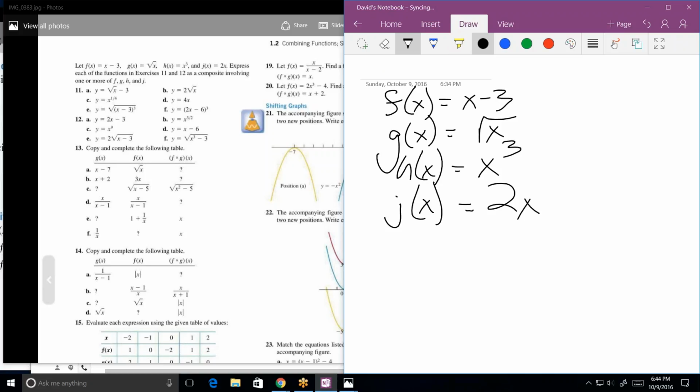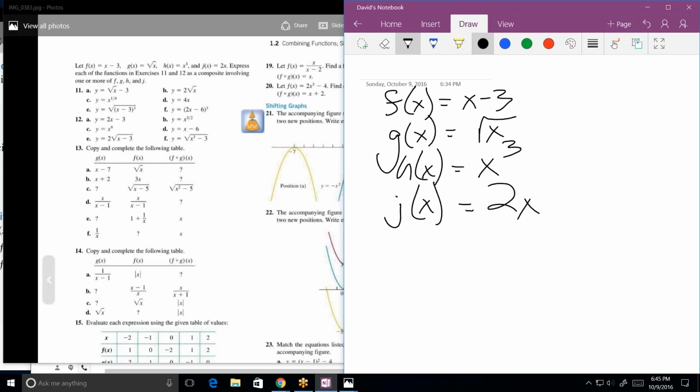E is pretty easy. What's E? Which functions are we going to use? In fact, we might have to use 3 functions on E. Yeah, f, h, and g. Notice that E has a square root, in other words, function g. It also has the x minus 3, which is function f, and it has a function cubed, which is function h.